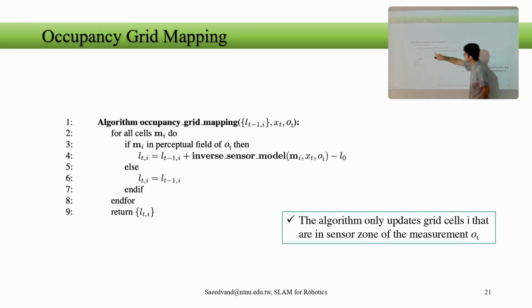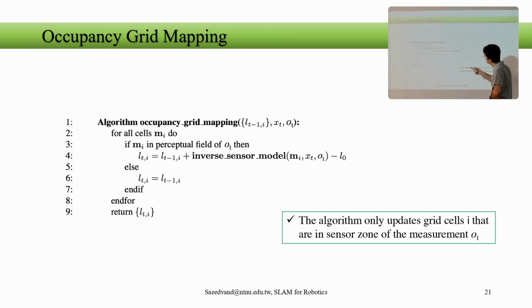So this is the same term that we calculated in the previous slide. Otherwise, the previous one goes to the new one. Whatever it was there in log odds form goes to the new one, l_{t-1} becomes l_t. Otherwise, the sensor is measuring these grid cells in this line, and they will be calculated by log odds, observation, and update based on the Bayes filter.